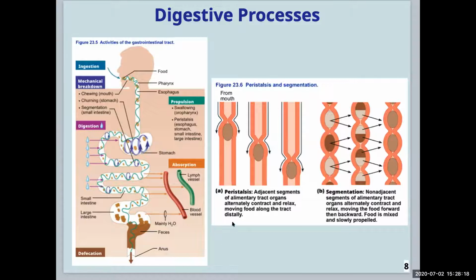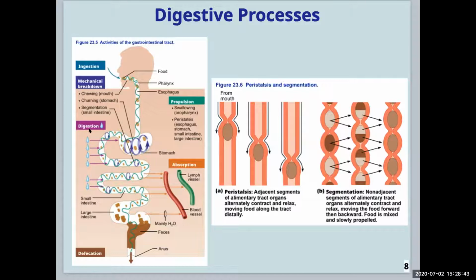Now, the process of digestion is a series of catabolic steps, the kind of metabolic steps that break larger molecules into smaller ones. As you can see, mechanical breakdown and digestion are all breaking big pieces into small pieces.